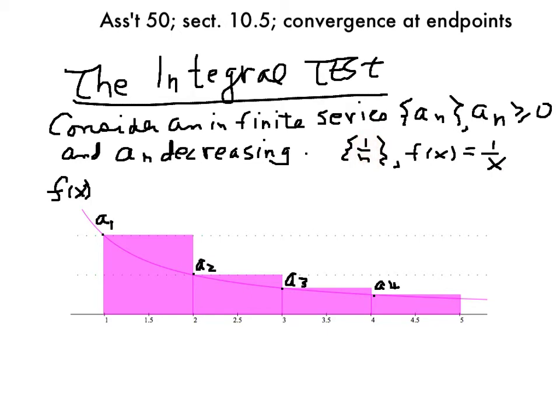So what you notice here is that we are approximating the area under that function from 1 to infinity with LRAM. Notice also that the base of each of these rectangles is 1, and that the height is determined by the value of the series or the sequence at that point.